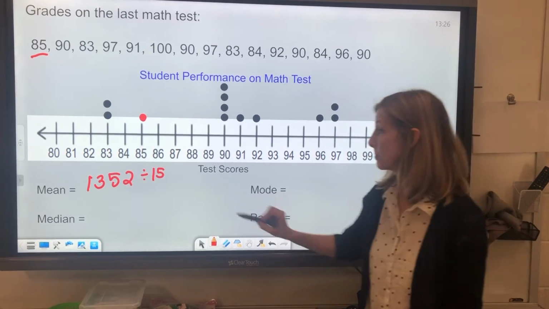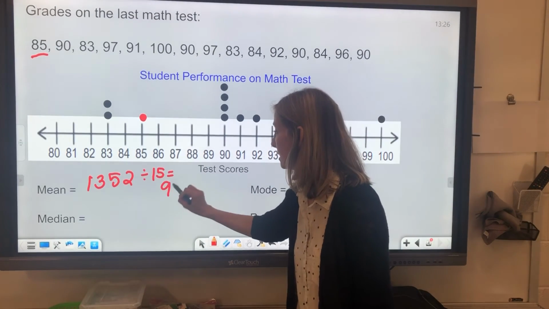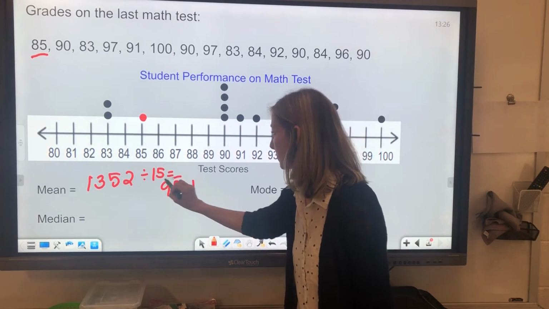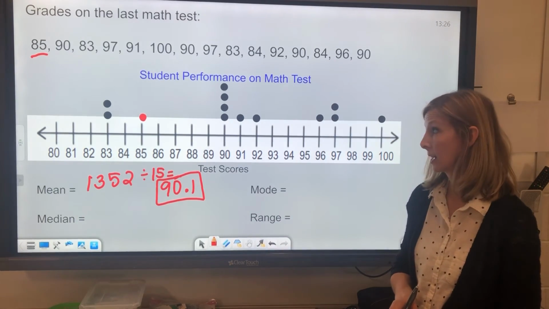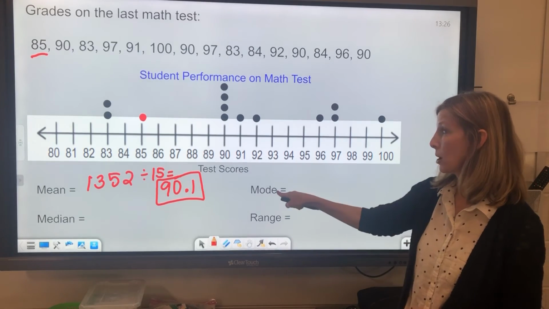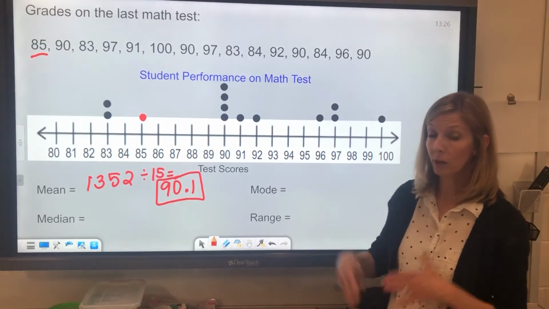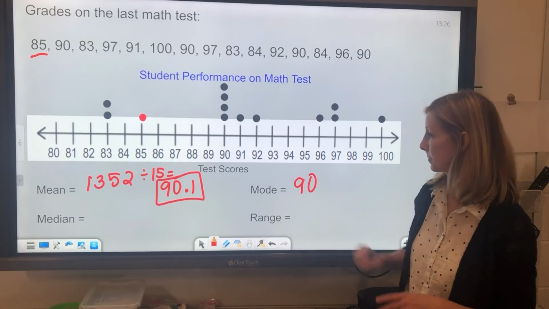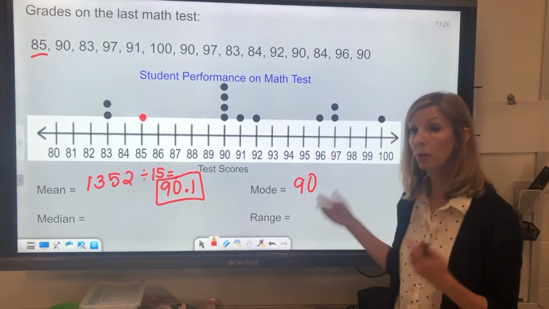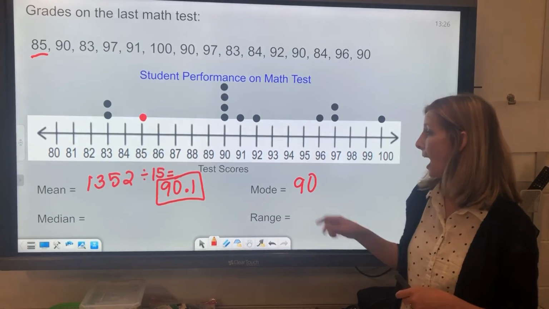And you should get the mean is equal to 90.1. That is our mean or our average on our test. Okay, how about the mode? Again, really easy to find the mode. Where do you see the most dots? Well, above the 90. Notice our mean and our mode are pretty close together. How about our median?